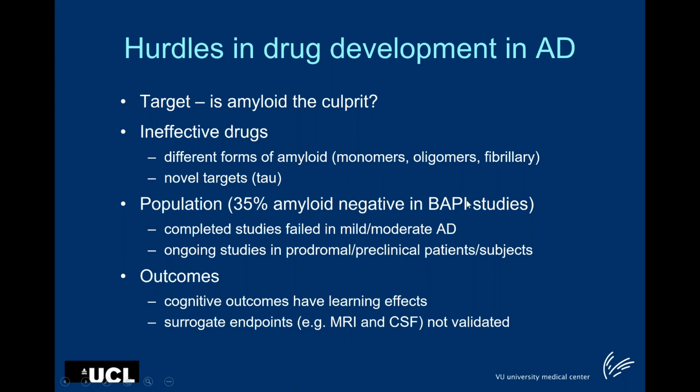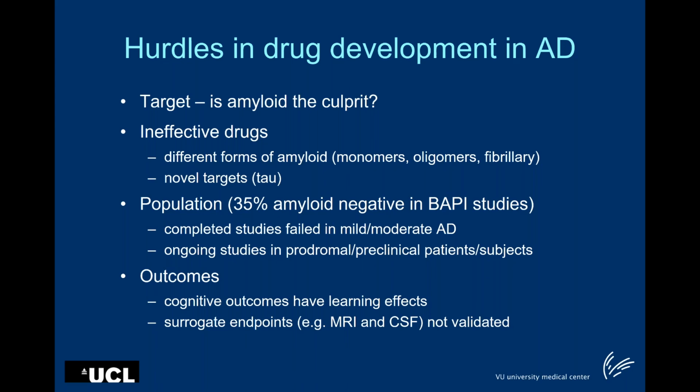If we focus on amyloid, if you look at the bapineuzumab studies, which were negative, that were selected only on clinical grounds, later on a PET study was done in a subgroup, and it turned out that 35% of the subjects in those trials with clinical Alzheimer's disease had a negative PET scan. So much for clinical certainty.